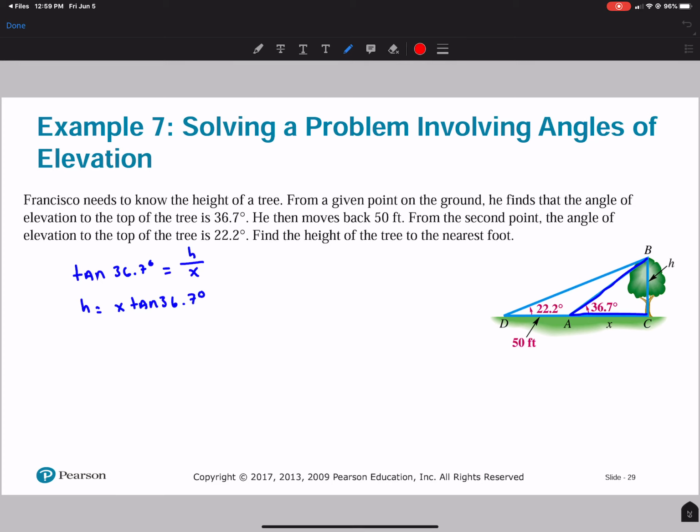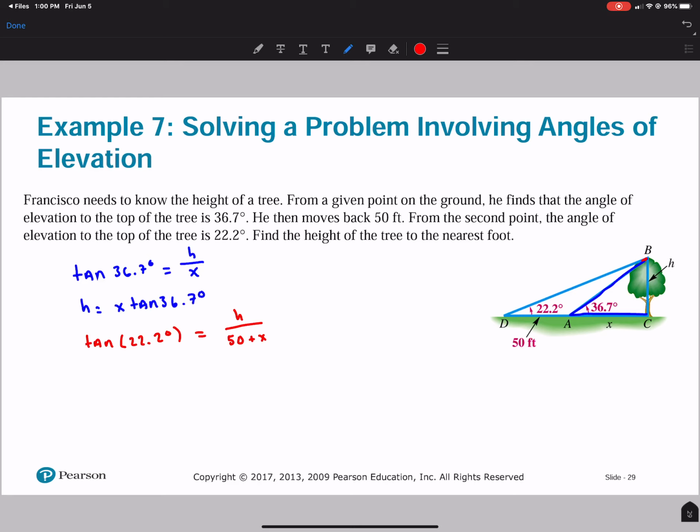So in red, I'm about to put the tangent of 22.2 degrees, and we're going to say that this is equal to h over 50 plus x.